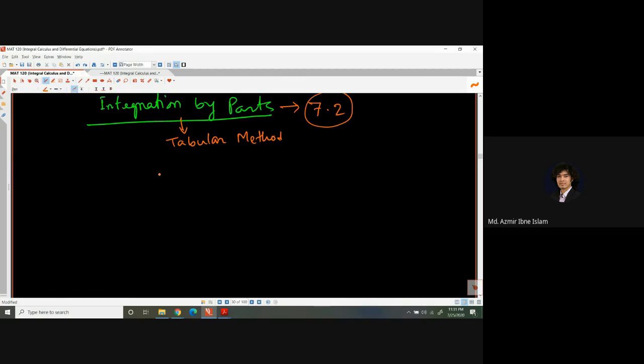So first of all, let me start from the theoretical part. If we have u times v dx. First, again recall the fundamental theorem of calculus.